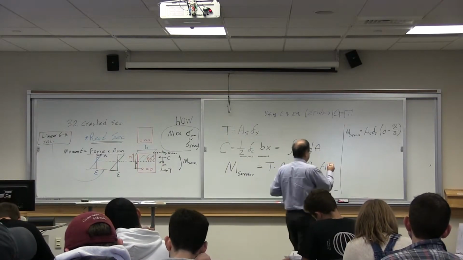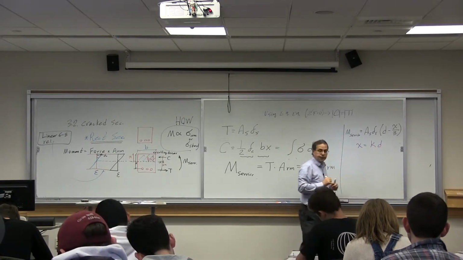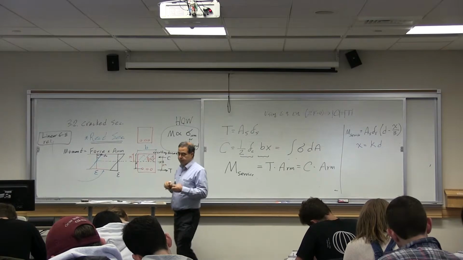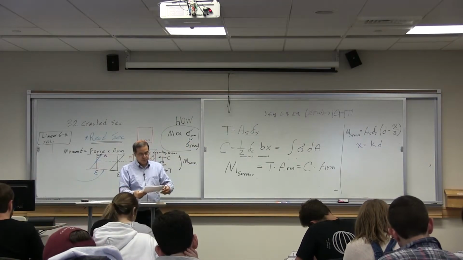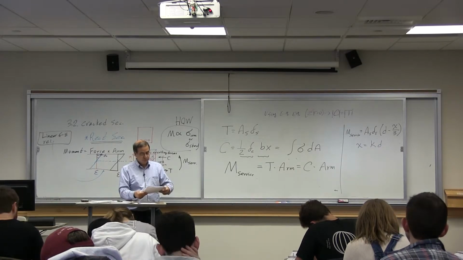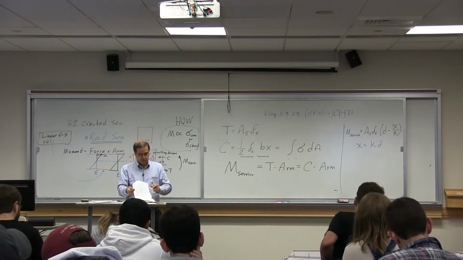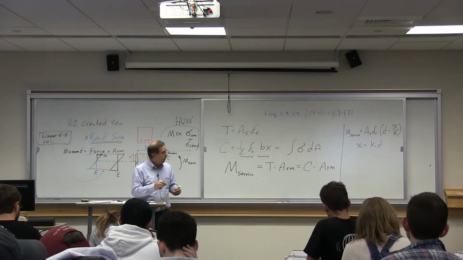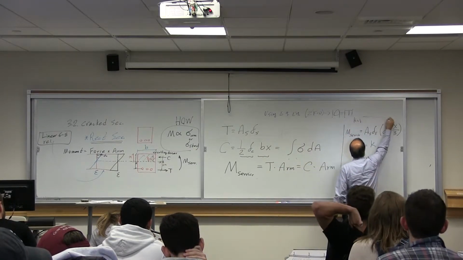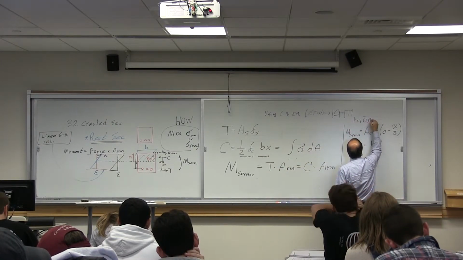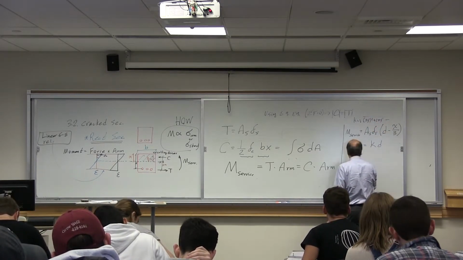X is equal to k times d. We also know k is the square root of (n rho) squared plus 2 n rho, minus n rho.